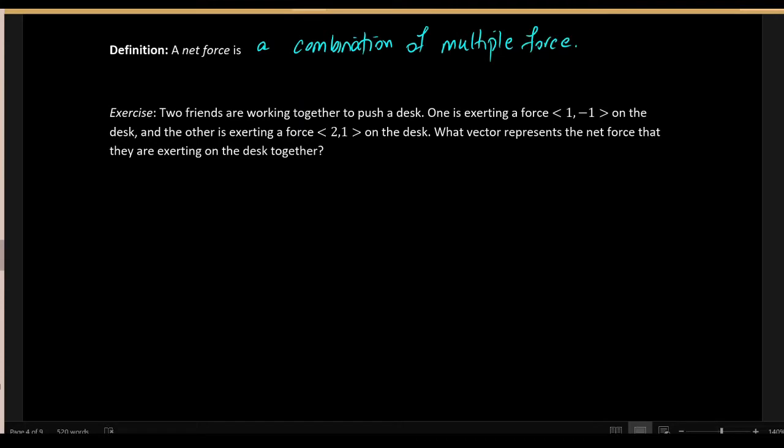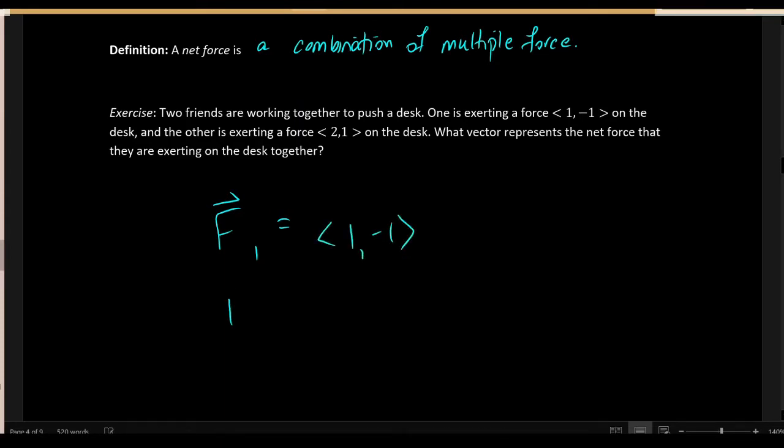The beautiful thing about net force is that it can be calculated simply using vector addition. So if we have force number 1 being exerted by friend number 1, so I'll call it F sub 1, with the vector arrow equals 1, -1.